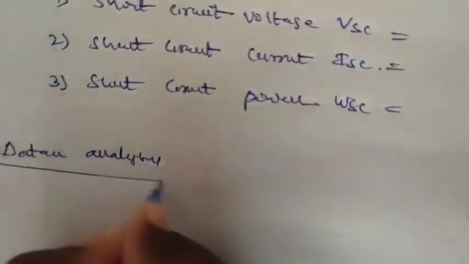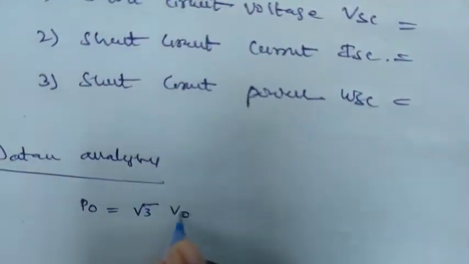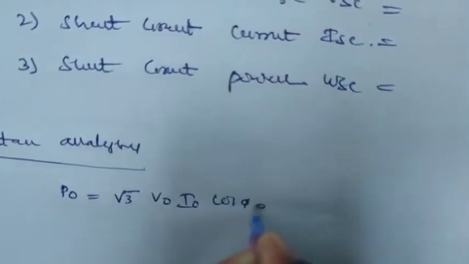So no load power P0 is equal to root 3 V0 I0 cos phi 0.